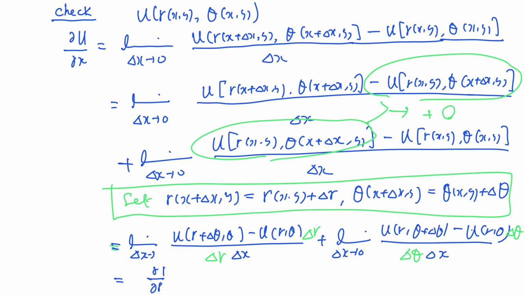Partial u over partial r times partial r over partial x, plus partial u over partial theta times partial theta over partial x, right? This is probably the simplest way of proving or showing the chain rule. And you can do the same thing for y.